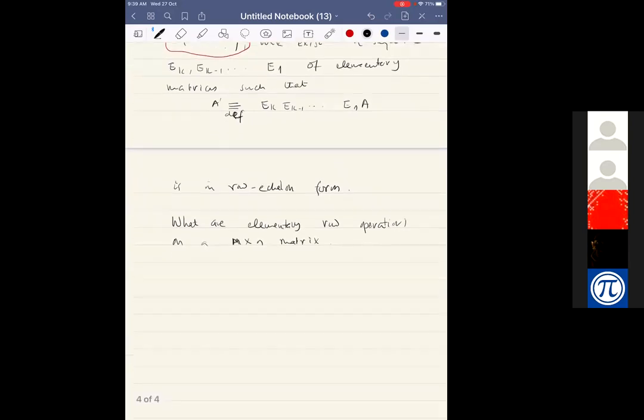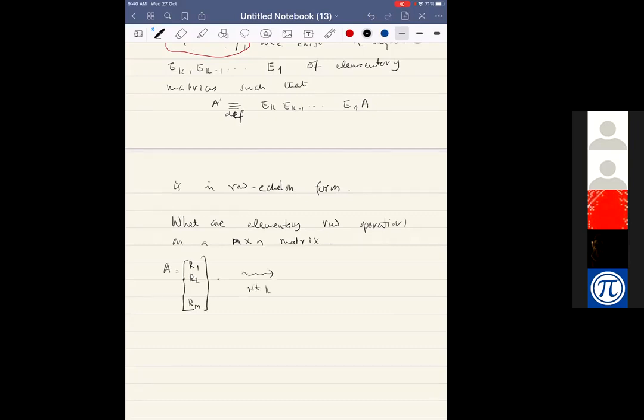Well, there are the following kinds. First type, and so let me write the matrix like this. A is first row, second row, mth row.